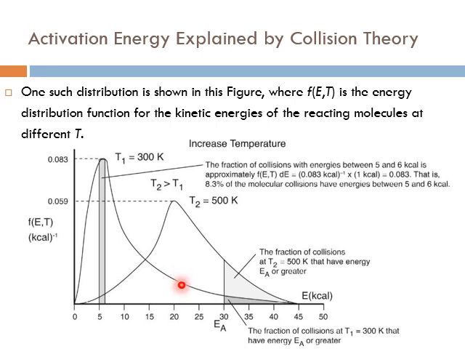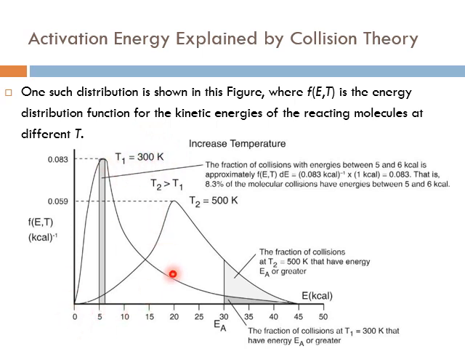And this is normal because you have increased the temperature. Therefore, the energy of the system has increased. And now the majority of the molecules have energy between 20 and 21 kilocalorie, as opposed to their energies when the system was at 300 Kelvin, which was somewhere between 5 and 6.